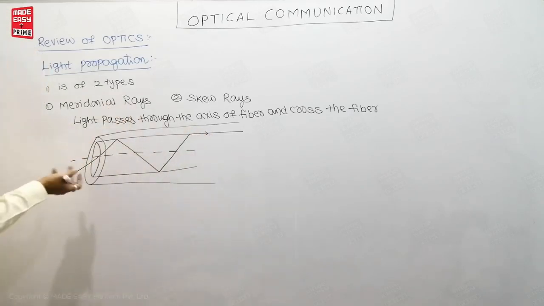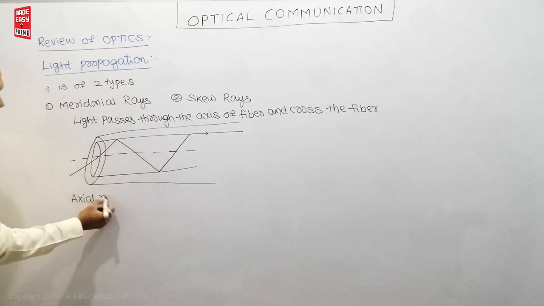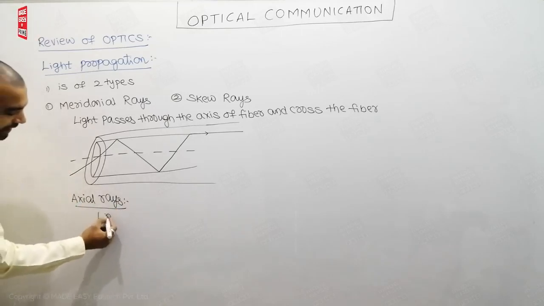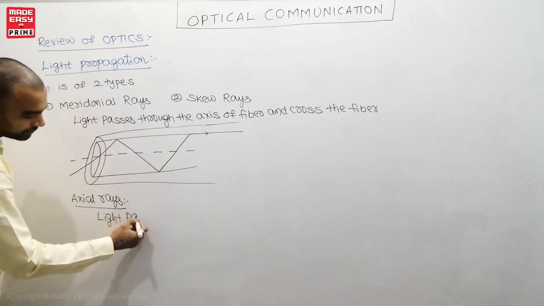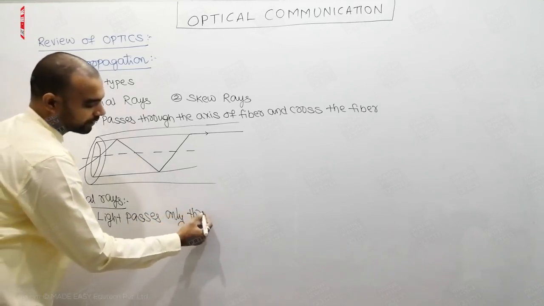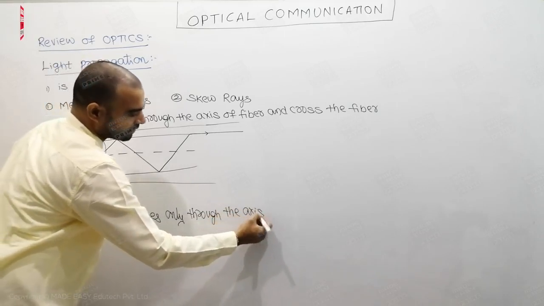In the meridional rays, we also have a subclass called the axial rays. In axial rays, light passes only through the axis of the fiber.